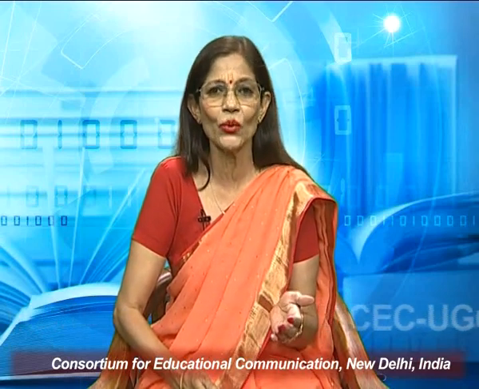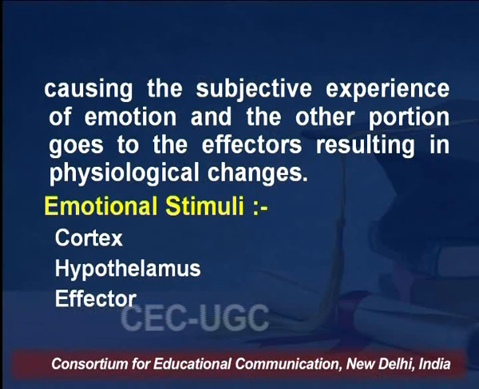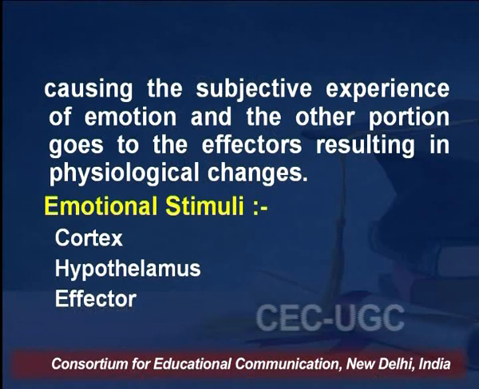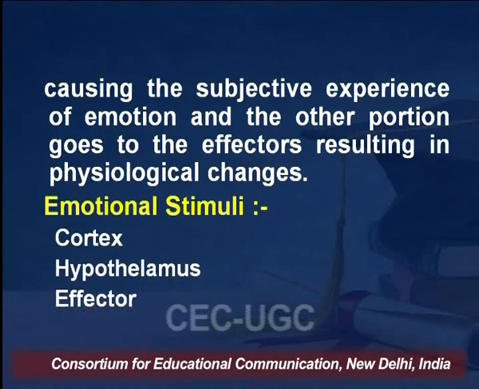They are produced simultaneously, as the nerve from the thalamus goes to the cerebral cortex, causing the subjective experience of emotion, and the other portion goes to the effectors, resulting in physiological changes: stimuli, thalamus, then cortex, then hypothalamus, then effector.